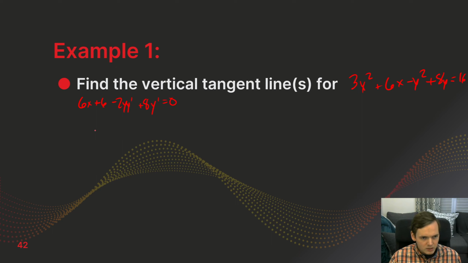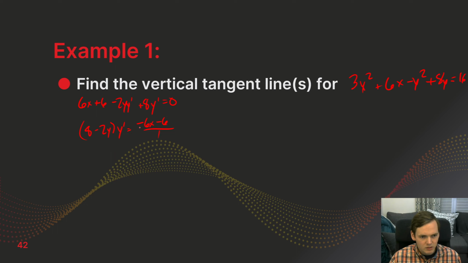So that means that we will get 8 minus 2y times y prime equals negative 6x minus 6.